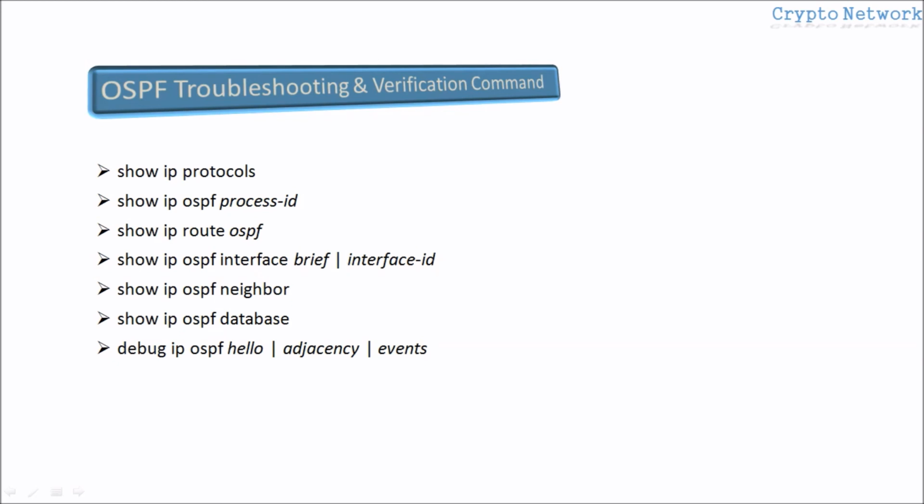Show ip ospf database provides information about the contents of the topological database. Show ip ospf neighbor displays all the information about the relationship that the router has with its neighbors. We have show ip ospf interface that provides information on how OSPF has been configured on each interface.